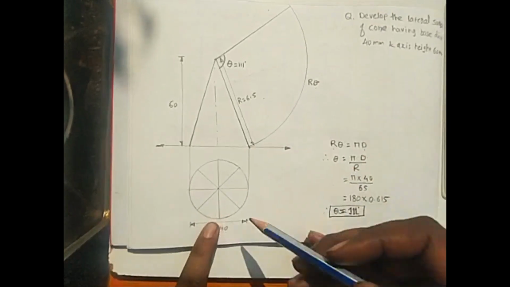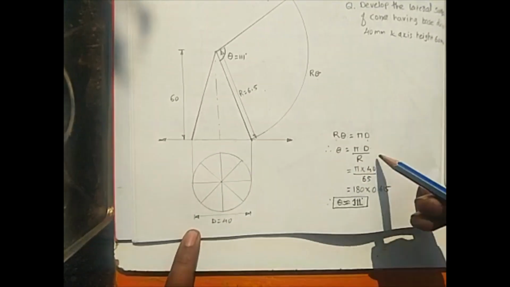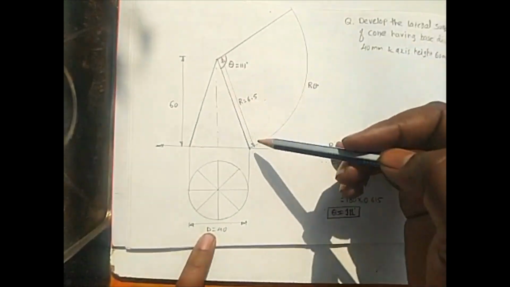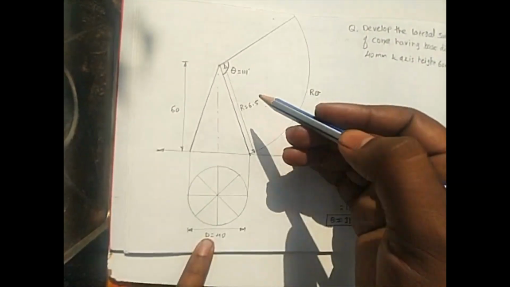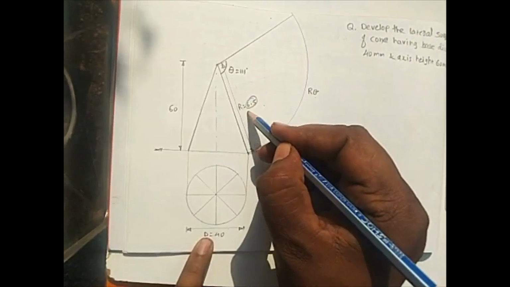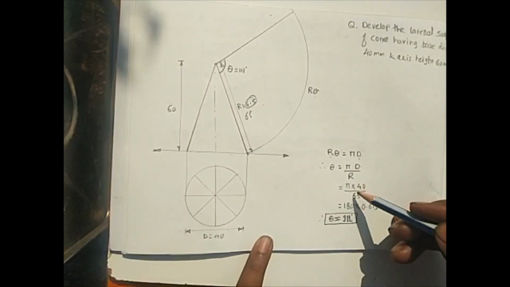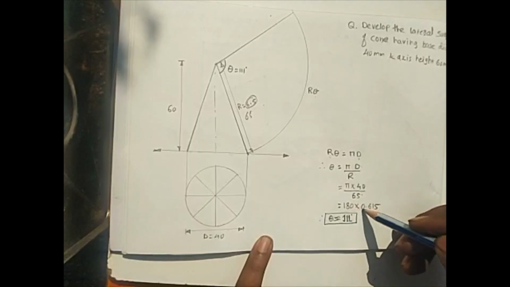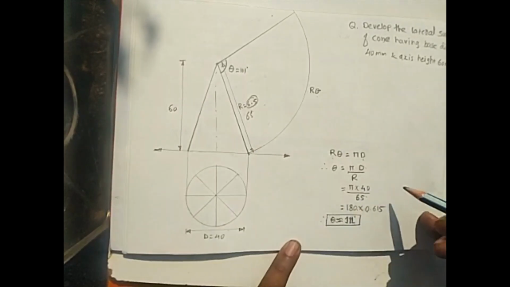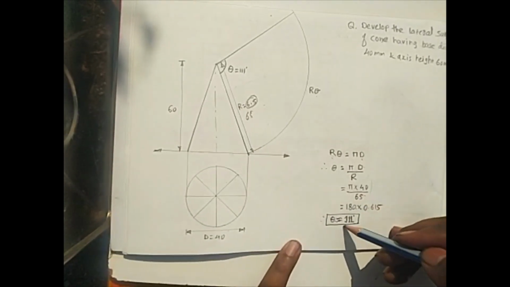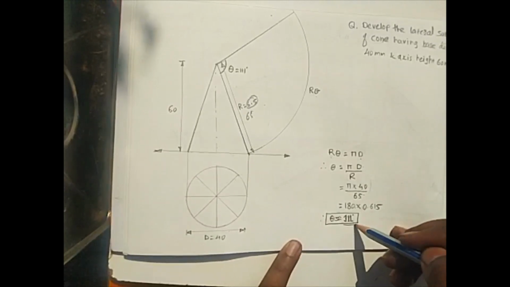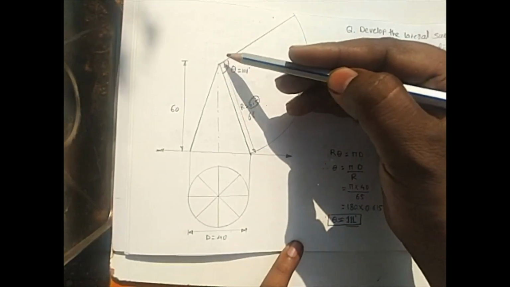Now d, the diameter of the base circle, is 40, and this radius I have found is 6.5, that means it is 65 mm. So I have to keep it here, and pi is nothing but 180 degrees. We have to consider 180 degrees here, and if you solve this, you will get 111 degrees. So this is theta, 111 degrees.